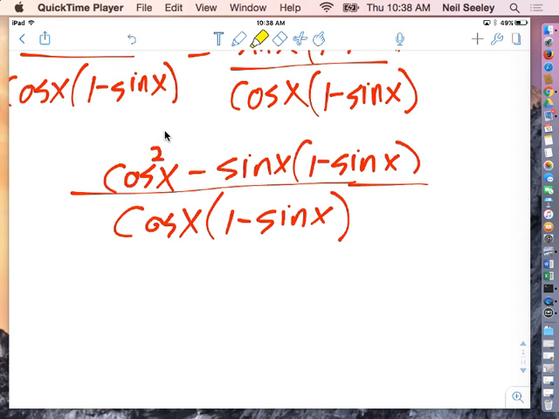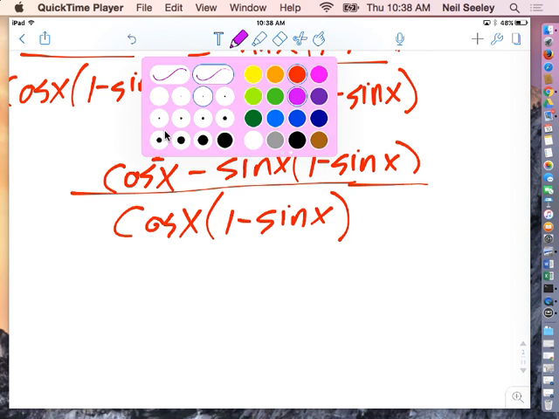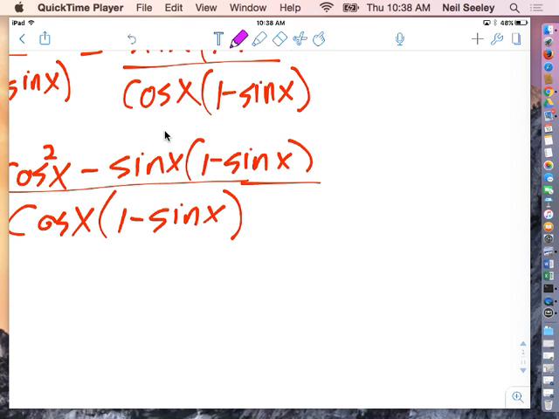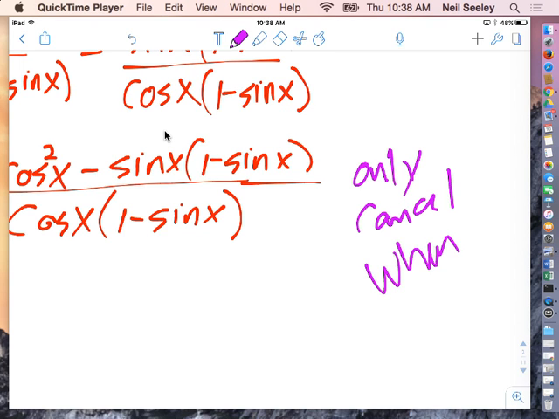The process I think we need to remind ourselves of: you may not cancel unless the glue is multiplication holding the thing on that you cancel. So if I were to write a very, very important rule to y'all, only cancel when the glue is multiplication.